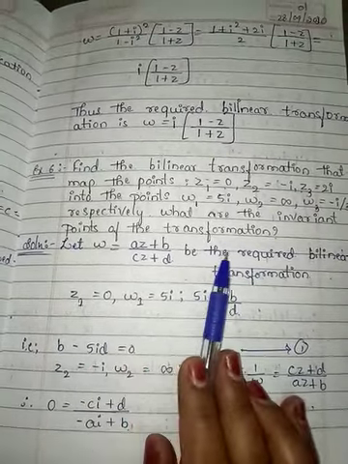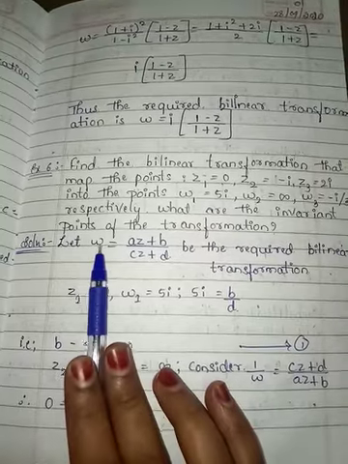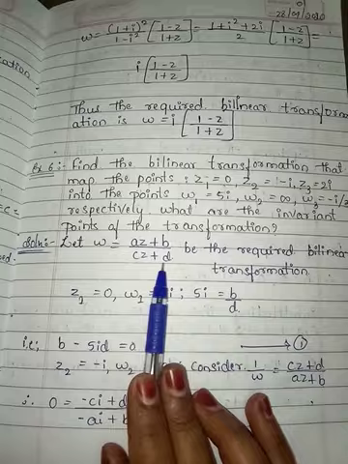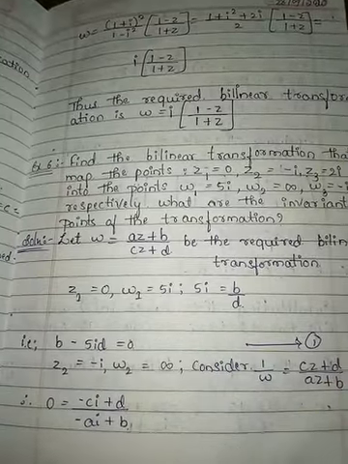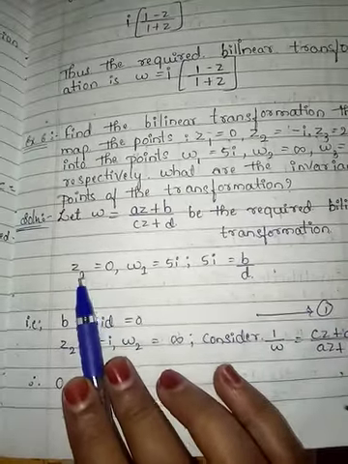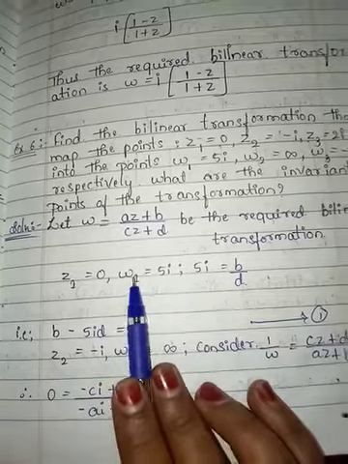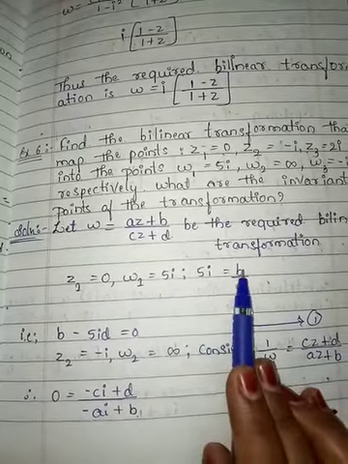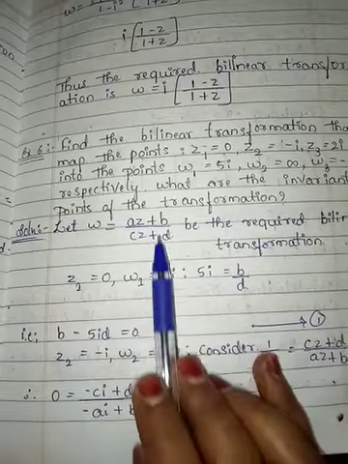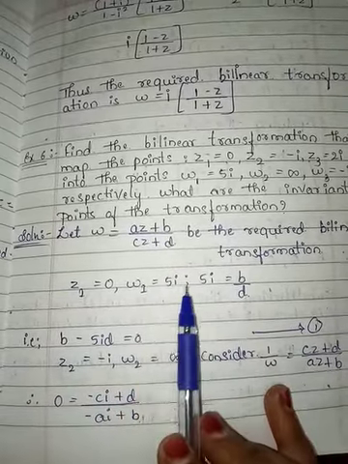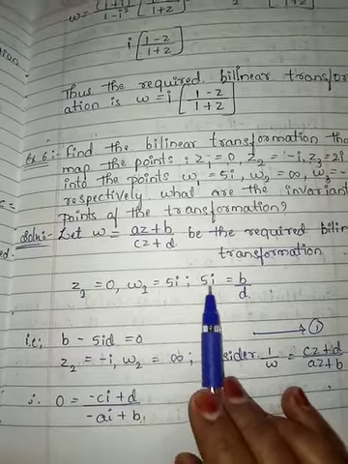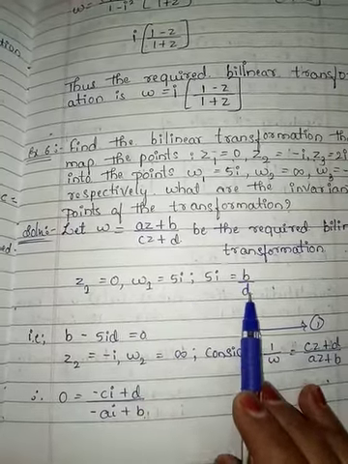Solution: we know that the required bilinear transformation is w = (az + b)/(cz + d). For the first one, on substituting z1 = 0 and w1 = 5i, we get 5i = b/d.